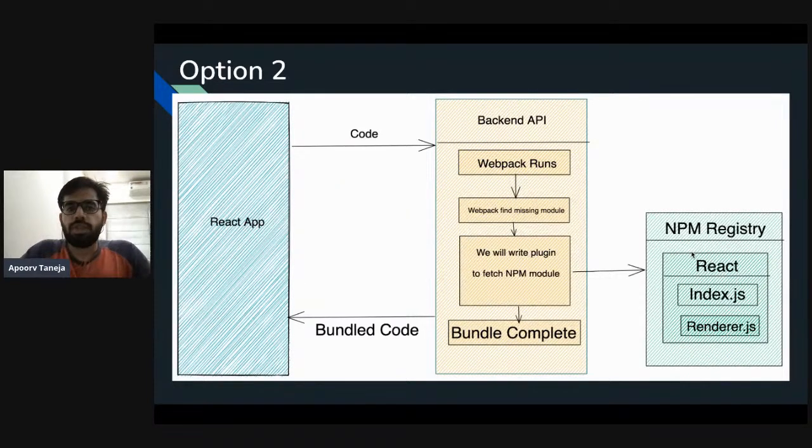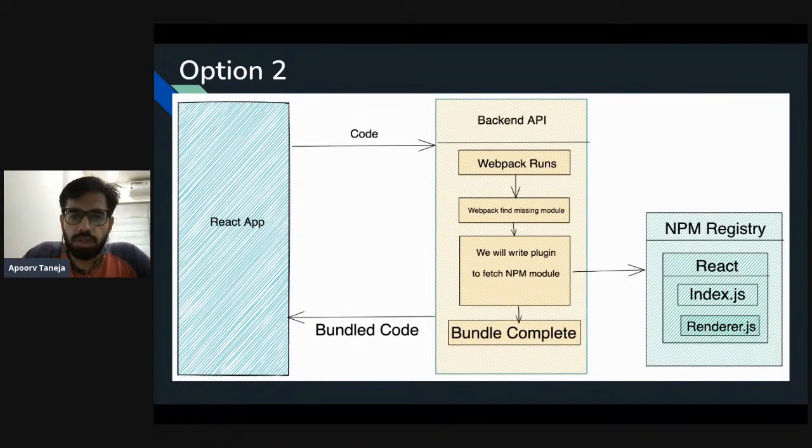So the difference between approach 1 and 2 is, if the number of npm modules keeps increasing, our hard disk will get filled soon. We'll have to pay an extra cost for it. But in the second approach, we are not storing the npm modules anywhere. We are just fetching the code and telling Webpack, use this piece of code, bundle it, and send it back to the code editor. So this is the difference between the first and second approach.